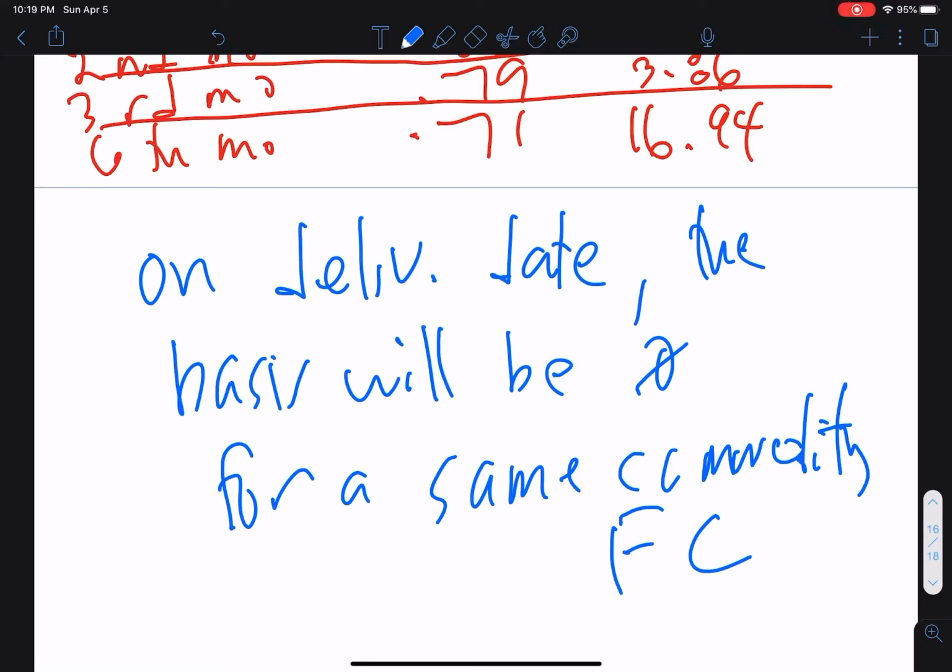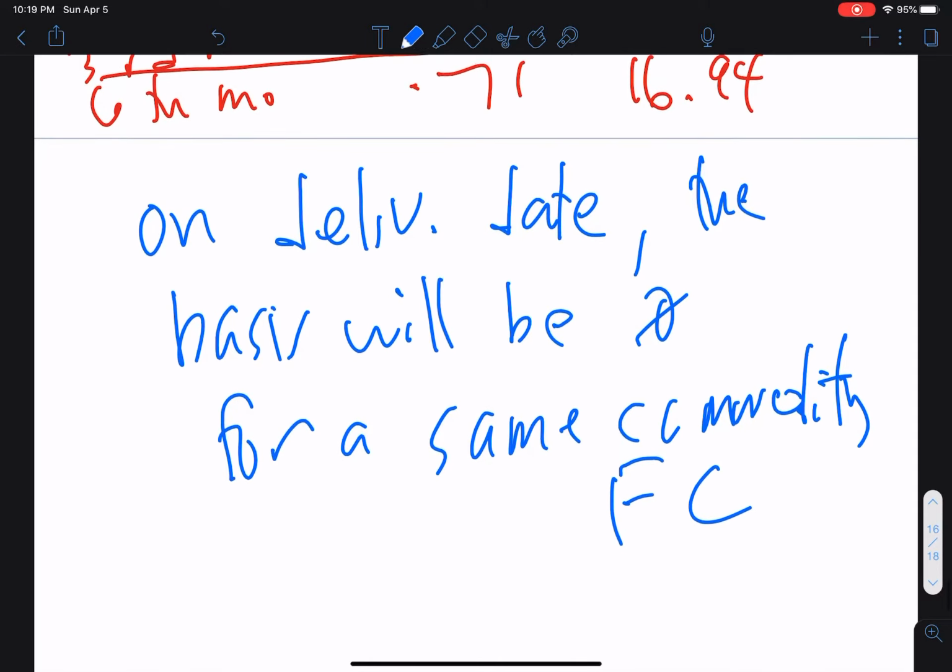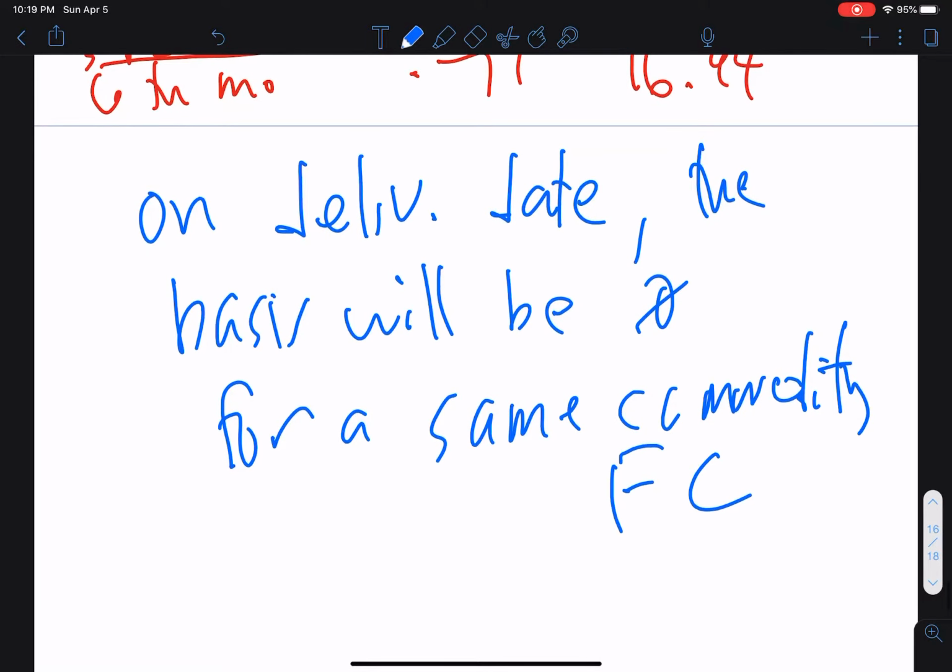Well, it's not always the case that we can match the obligations of our spot asset and our futures contracts. It's not always possible.